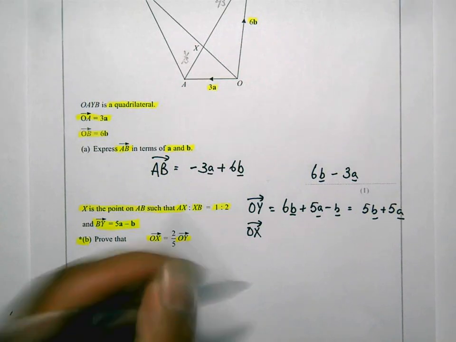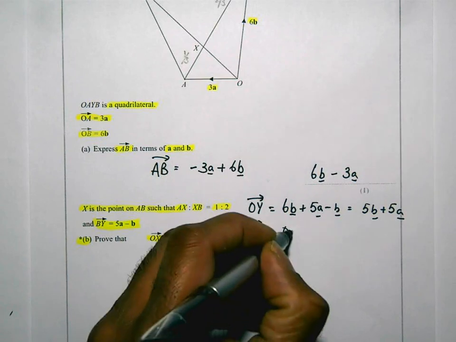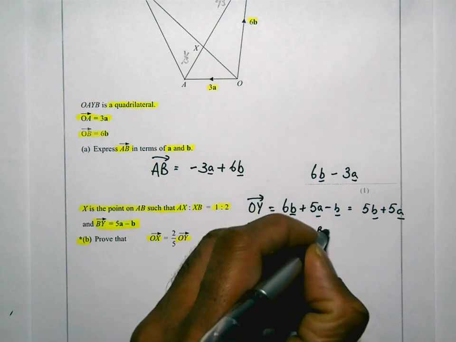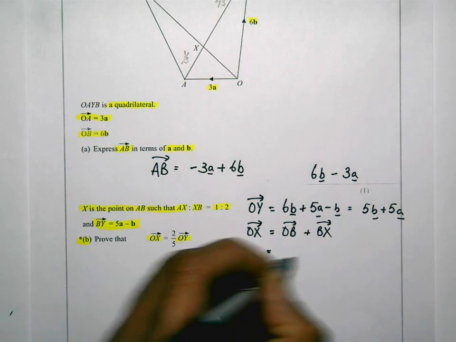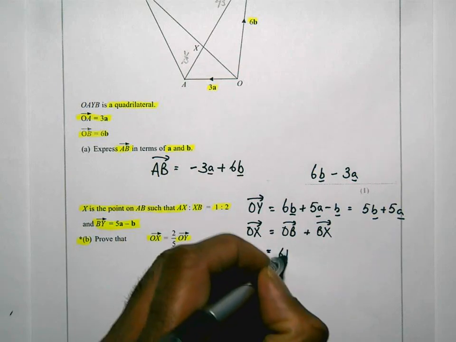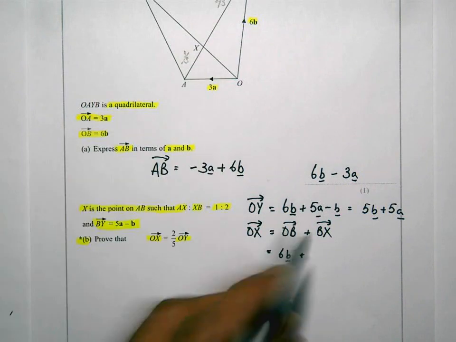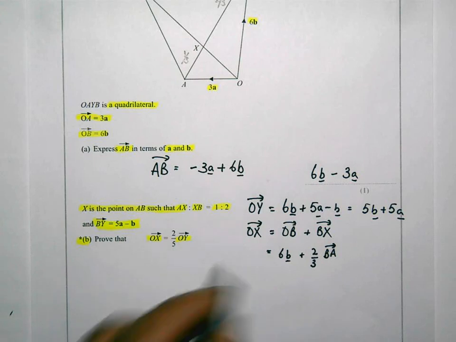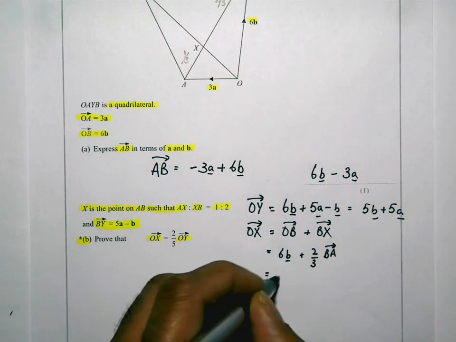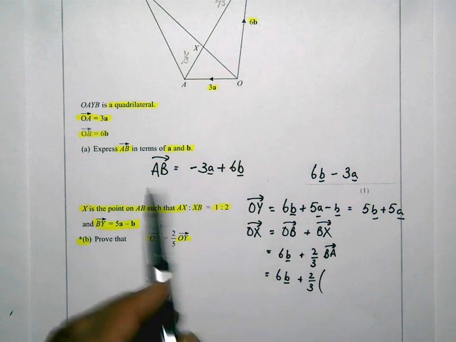So I hope you're looking at one of these questions as I do this. O to X is going to be O to B, and then B to X. If I put what OB is in, OB is 6B, and B to X is going to be 2/3 of going from B to A. We worked that out using the ratios, but that's going to be 6B plus 2/3 of, this is what AB is, 6B minus 3A.